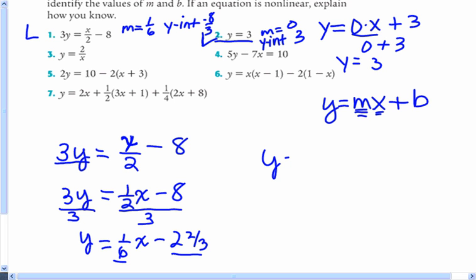Y equals 2 divided by x. Now, if we're thinking about what the slope of that might be, you might think of it as 2 times 1 over x, but we're really dividing by x here, and we need to be multiplying by x to fit this form.